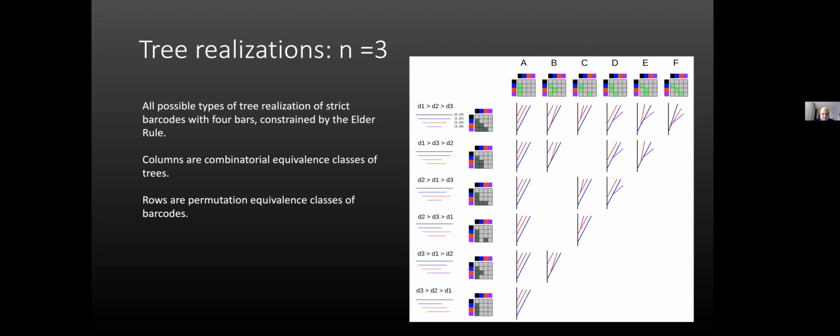Yeah, exactly. So, basically the problem is the elder rule, right? The fact that at any bifurcation, you break off the younger or shorter branch. And that's basically what's forcing the non-existence of certain combinatorial types there. I think that's one of the main things going on.